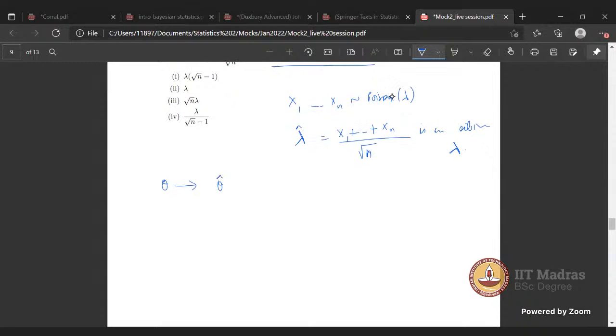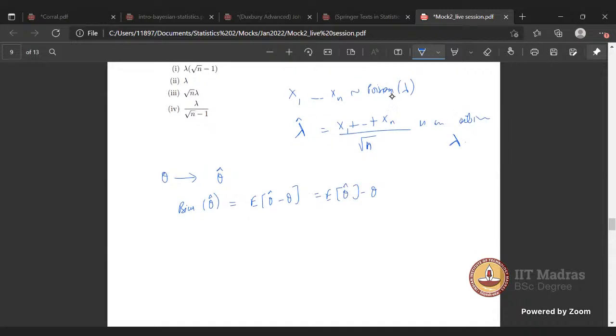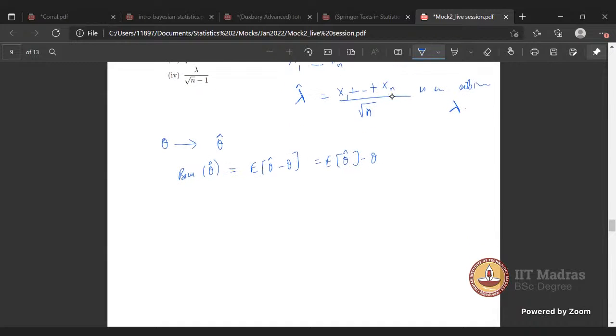To find the bias of this estimator, I find the expected value of this estimator minus the parameter, which comes out to be expected value of theta hat minus theta. In this case, our parameter is lambda and the estimator is lambda hat. So the bias of lambda hat is again going to be the expected value of lambda hat minus lambda.